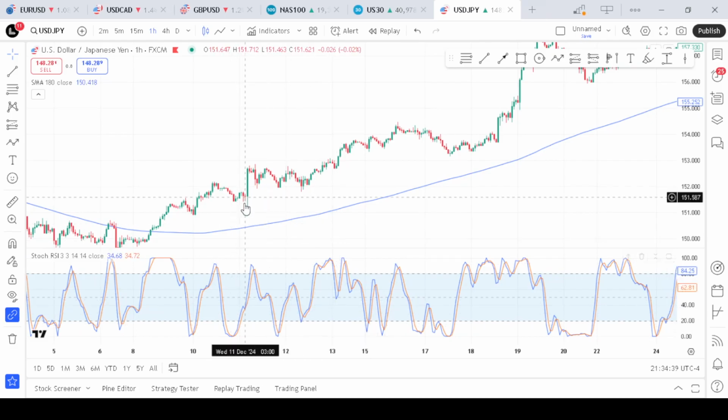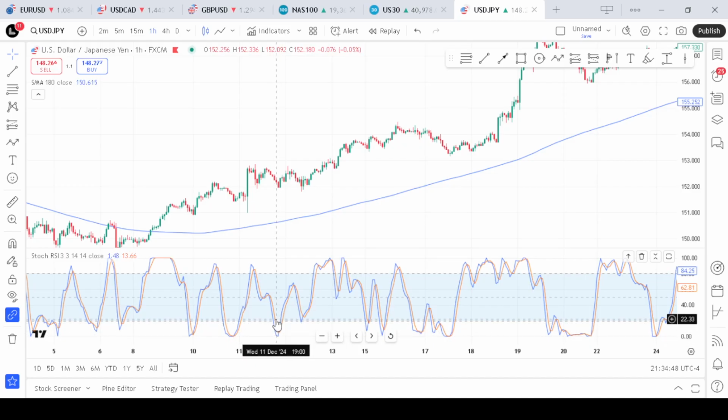Where we want to buy is when it gets to the oversold region, and as you can see at this area, it was below 20, this is the 20 line. When it was below 20, that would indicate us to buy in this area.